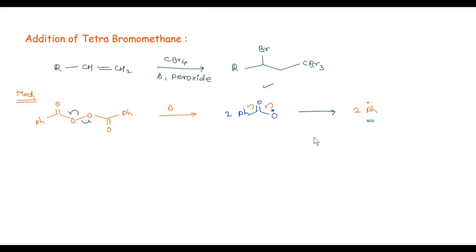In the next step, this phenyl radical abstracts a bromine radical from tetrabromomethane, and a tribromomethyl radical is formed.